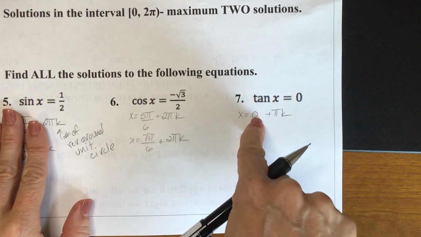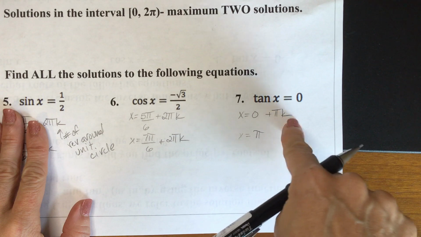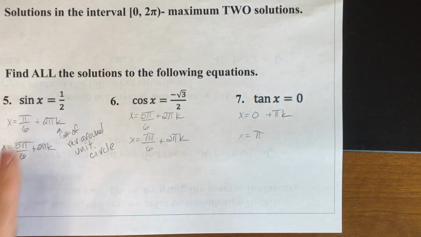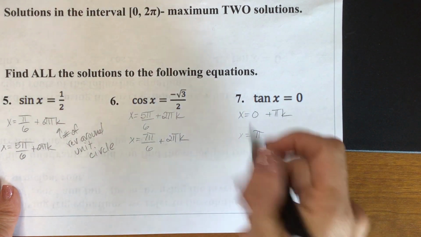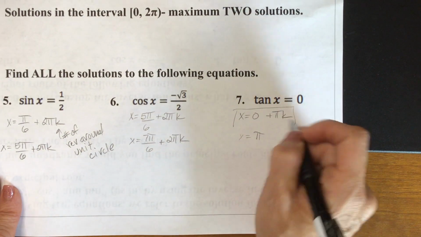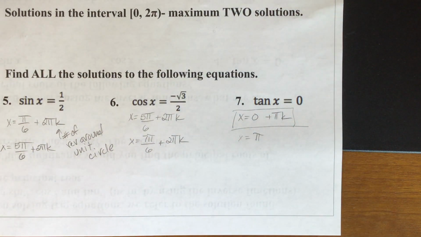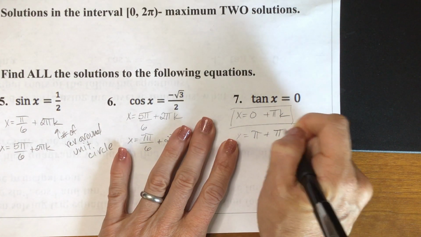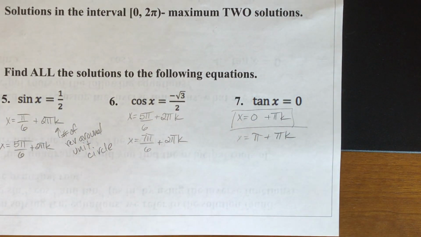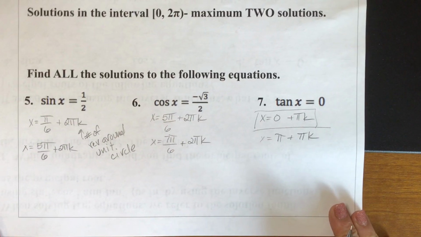But look what happens here. If I added pi with a k value of 1, meaning I just went through one cycle, I already would get pi. So you can leave it with just this. It's not wrong if you said pi plus pi k. It's just redundant. We don't need to add it.